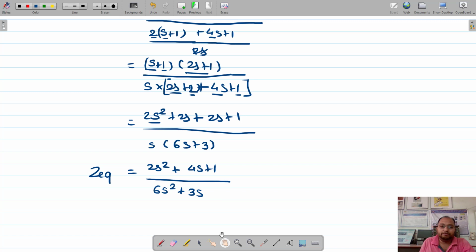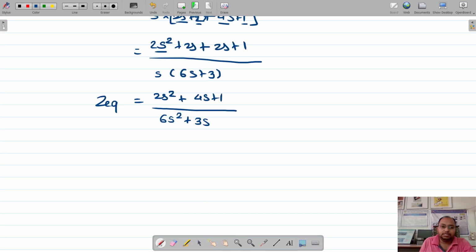Now what we are going to do, this is nothing but the circuit like this, and to this we are going to apply KVL now. Is that fine? I1, V1. This was nothing but 2 plus 3s, isn't it? Yes, it is.